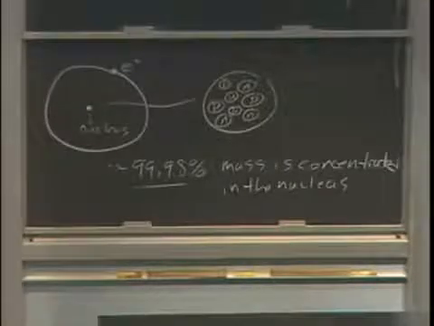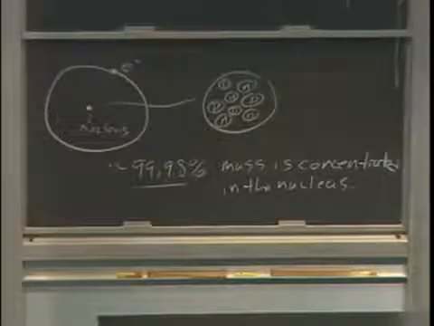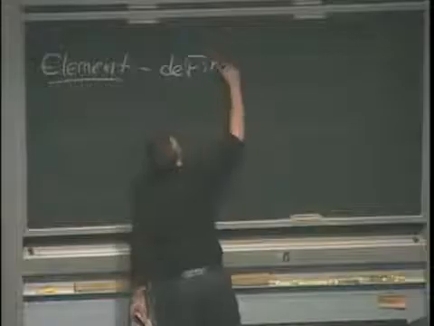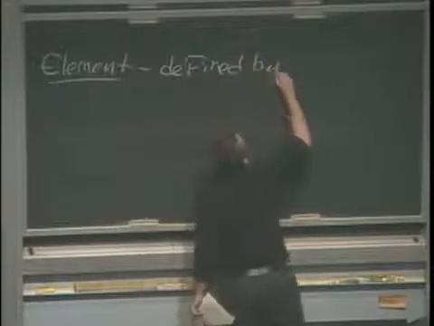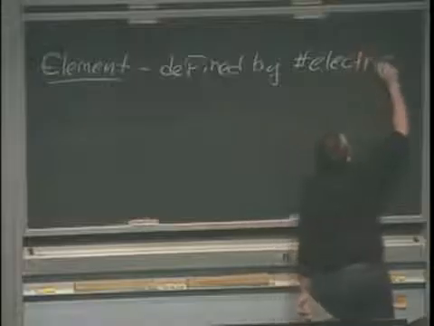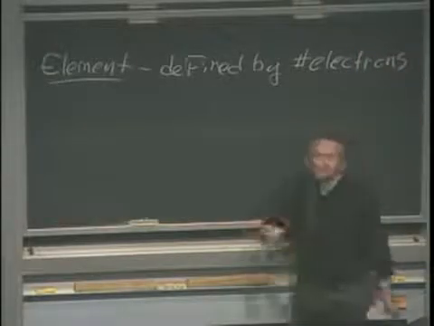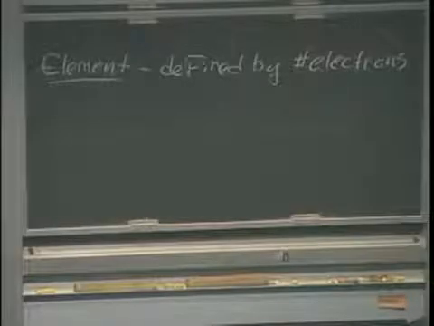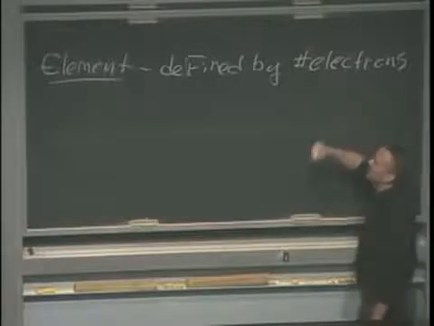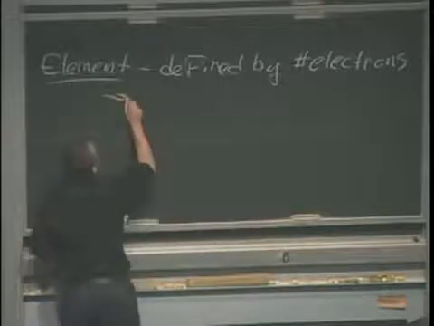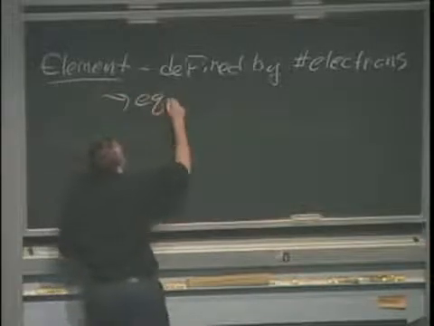All of those are the elements, and that is defined by the number of electrons. The number of electrons that are orbiting the nucleus define the chemistry of the elements. So the element is defined by the number of electrons, which equals the number of protons.